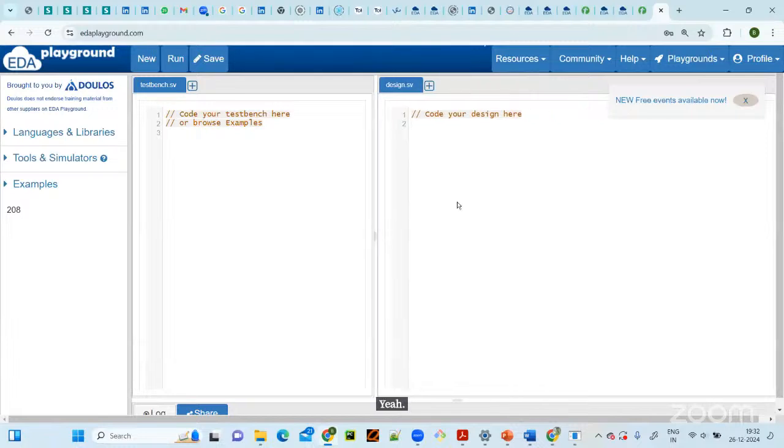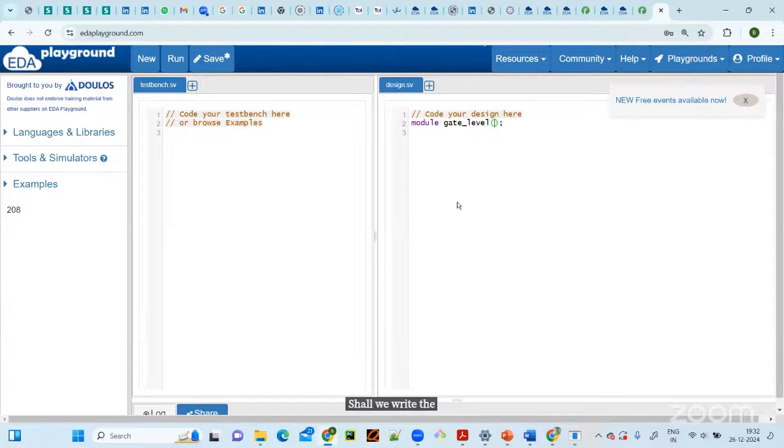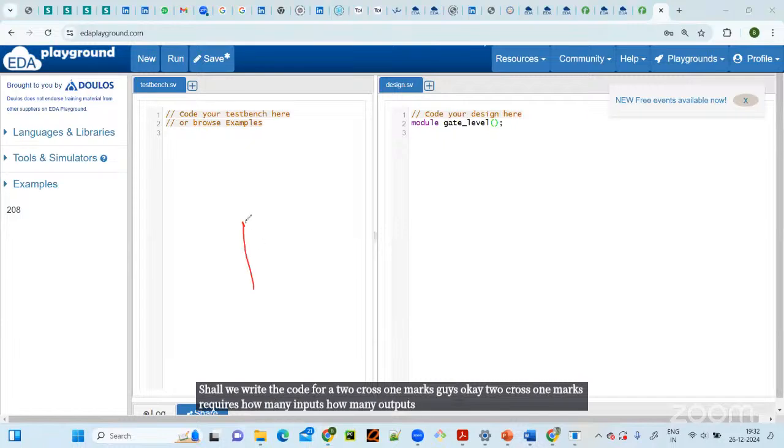So see here, what is the first thing we have to start with? Module, right? And the name of the module is something like gate level. For what shall we write the code? Shall we write the code for a 2 cross 1 mux, guys? A 2 cross 1 mux requires how many inputs and how many outputs?